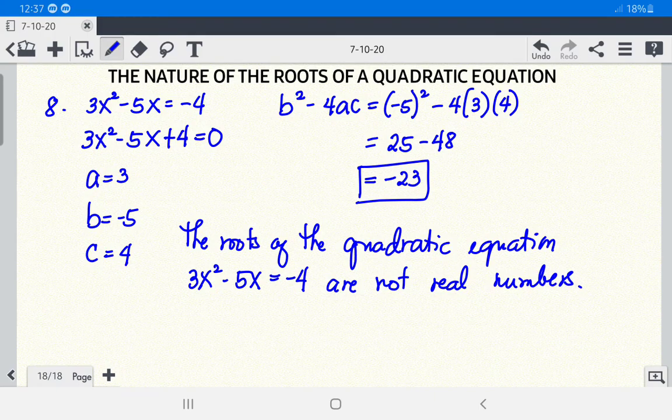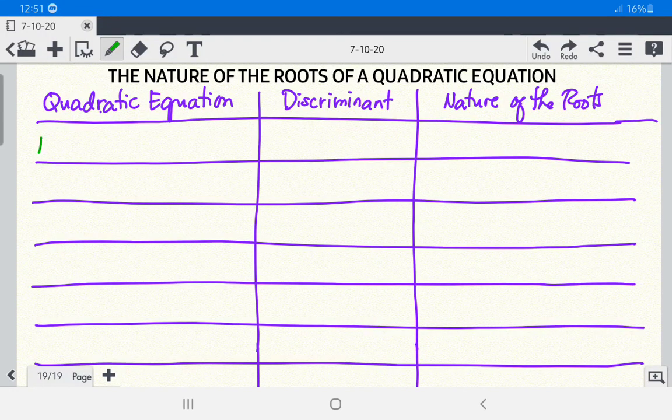Okay, let us have a recap of our examples. For number 1, we have x squared plus 6x plus 5 equals 0. Its discriminant is 16. So, the nature of the roots is that they are real, rational, but unequal.